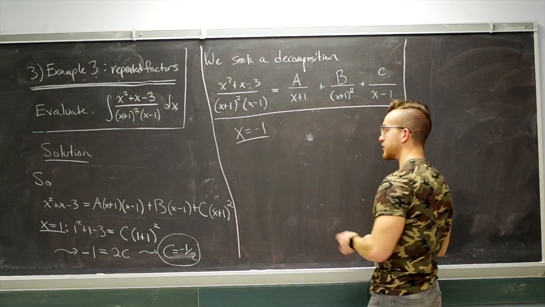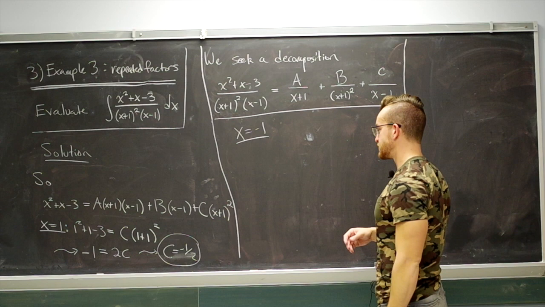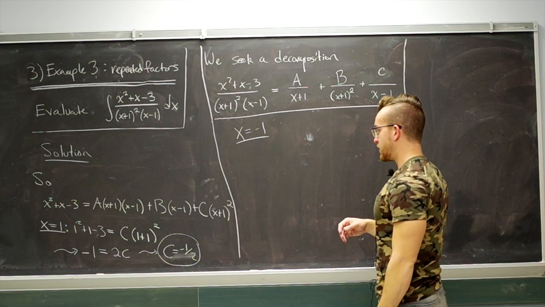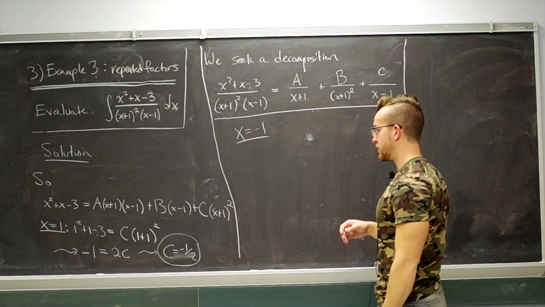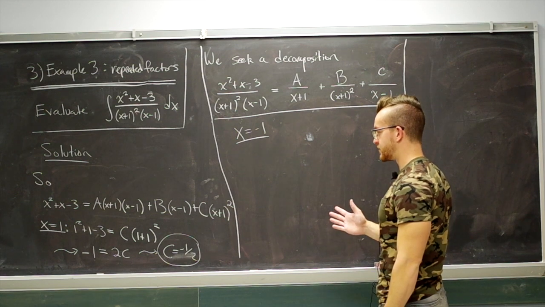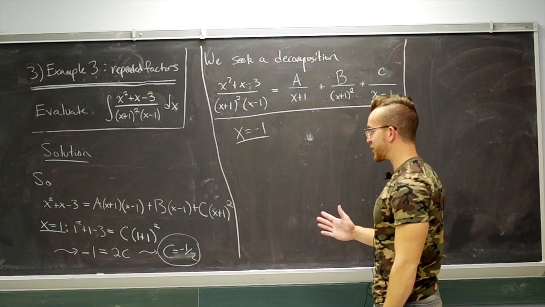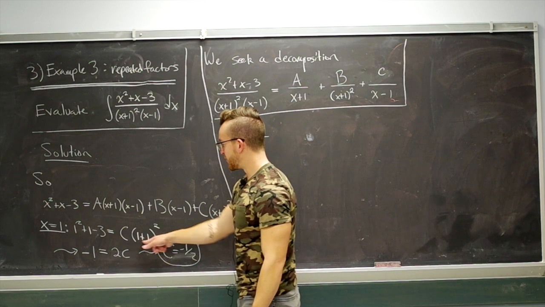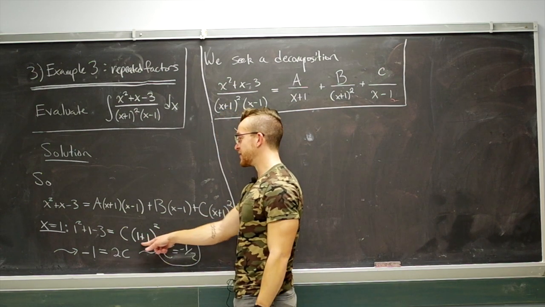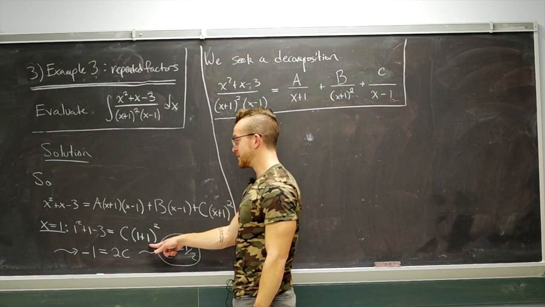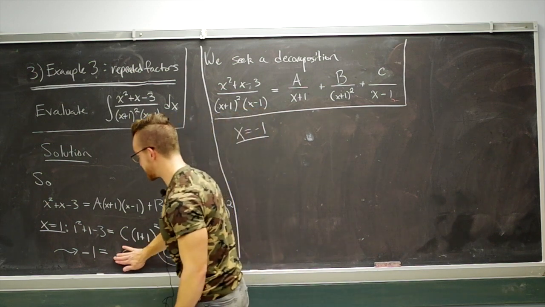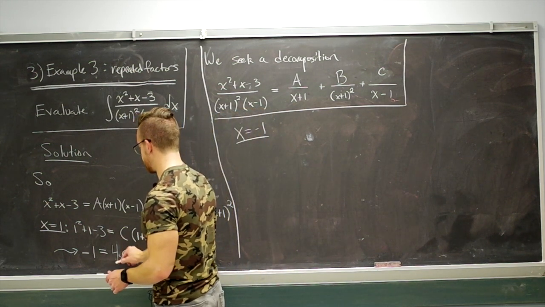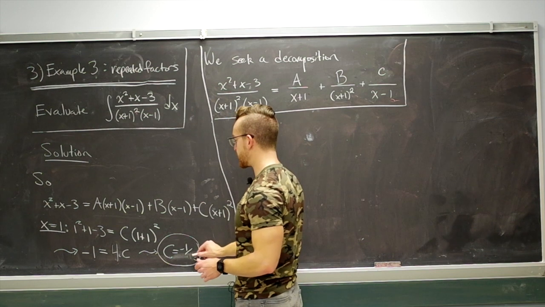So let me plug in negative 1. Oh, I felt very weird about this. I see where I screwed up. 1 plus 1 squared is 2 squared, so this should be a 4. So I think this should be negative 1/4.